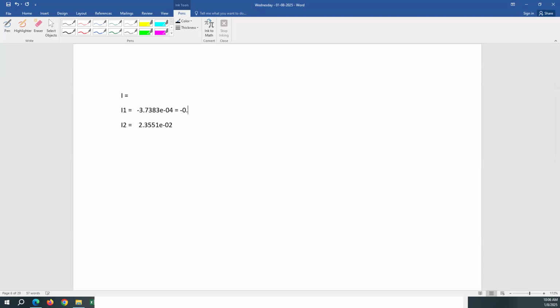So negative 0.373 or 374, we can say 374 milliampere, and this is going to be 23.5 milliampere. Of course, in engineering notation, we prefer to use milli, micro, and stuff instead of exponent -4, exponent -2. So these are my two currents.